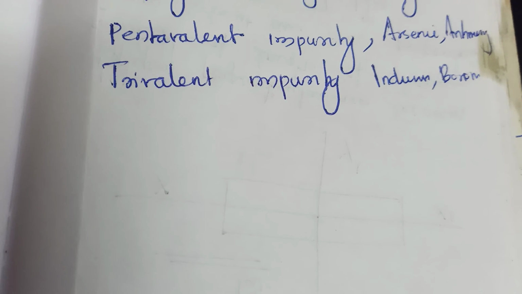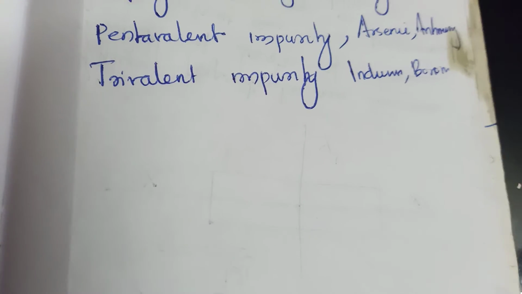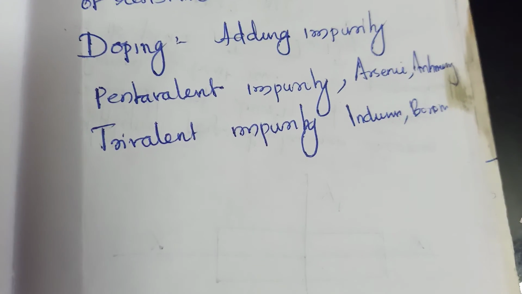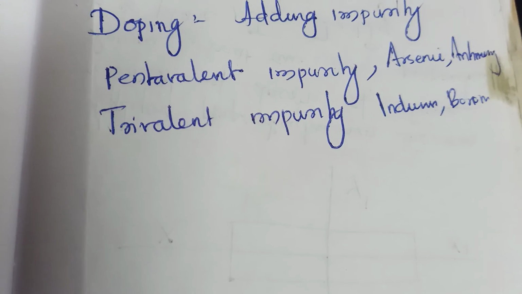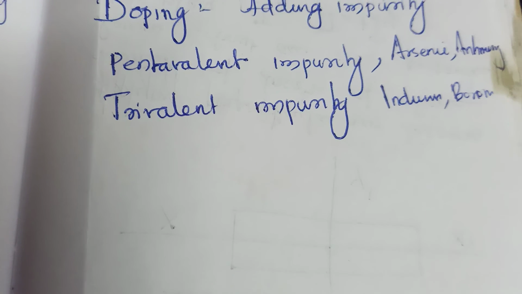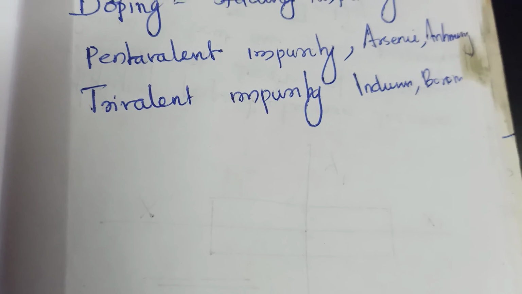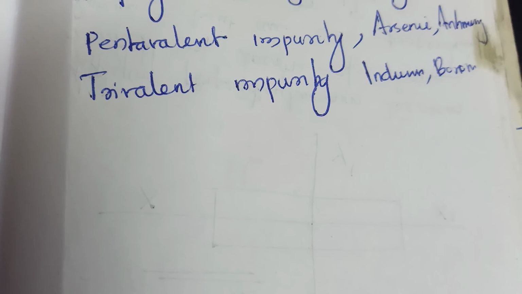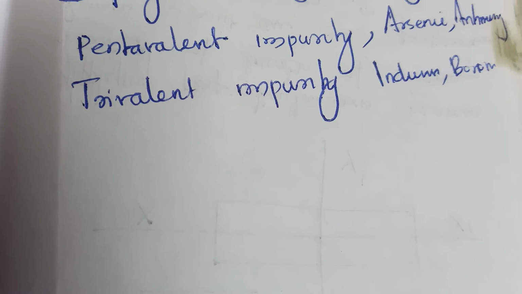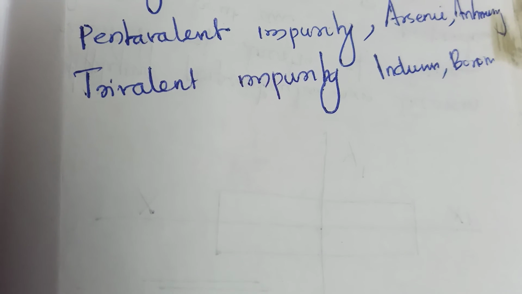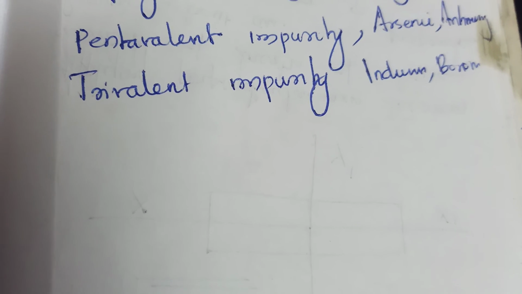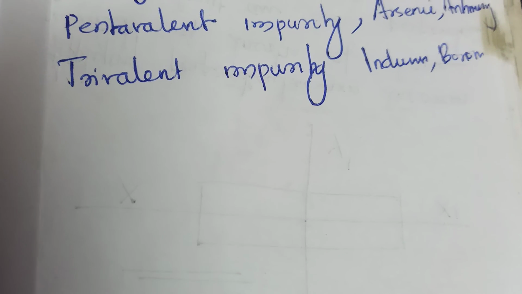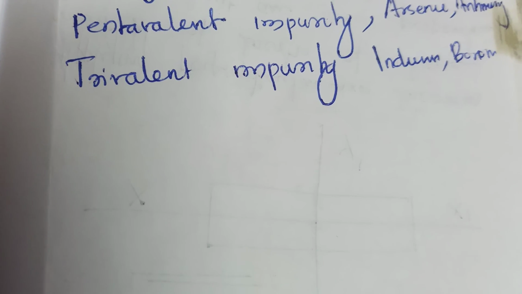The impurity added semiconductor is termed as extrinsic semiconductor, and there are 2 types of extrinsic semiconductors. One is N-type semiconductor and the other is P-type semiconductor. N-type semiconductor is obtained by doping it with pentavalent impurity, and P-type semiconductor is obtained by doping it with trivalent impurity such as indium or boron. Trivalent impurity means the valence orbit contains 3 electrons.